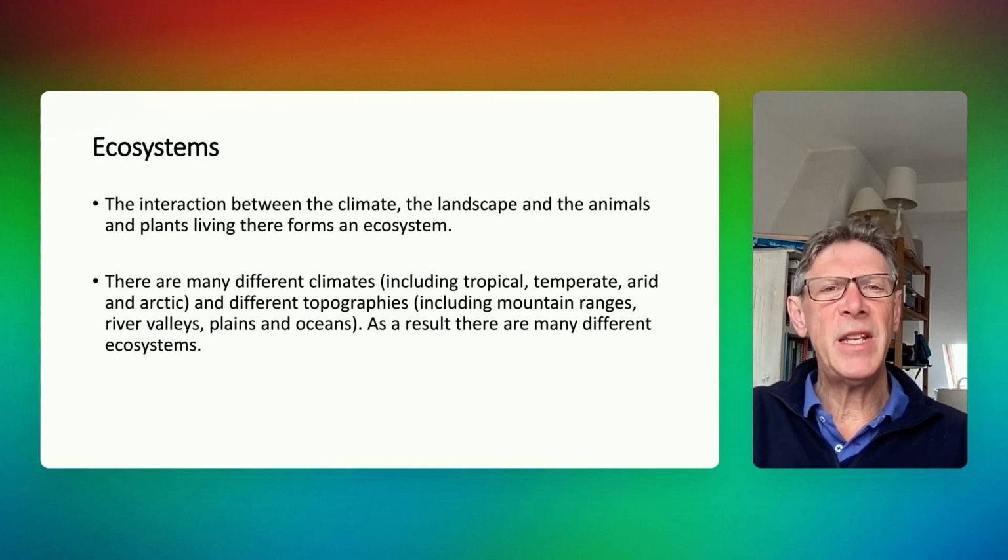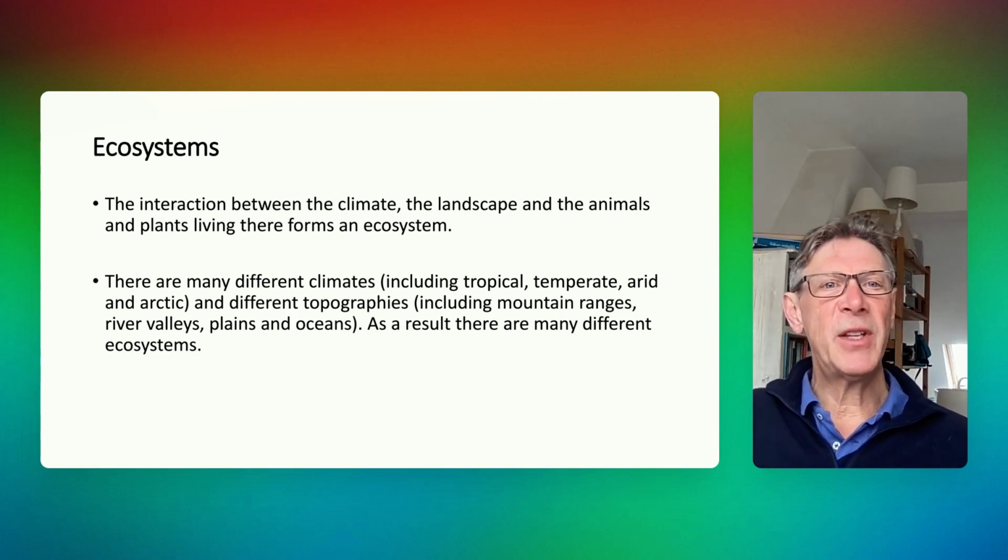There are also many different topographies. Topography means what's the land around it? Is it a mountainous area? Is it a river valley? Is it a flat plain? Is it an ocean? As a result of the fact that you have many different climates in the world and also many different topographies, that means that there are also many different ecosystems.